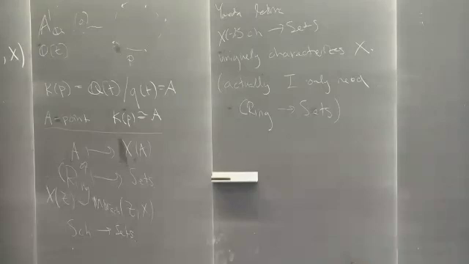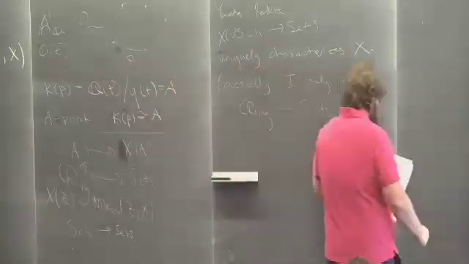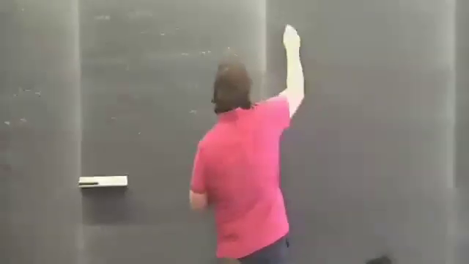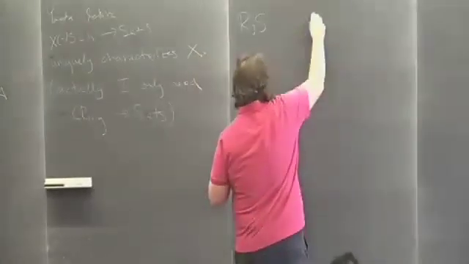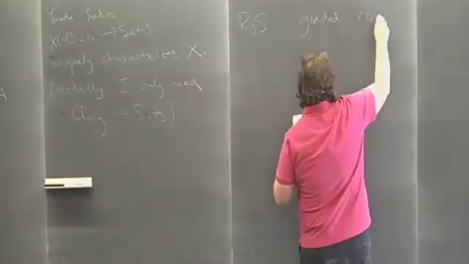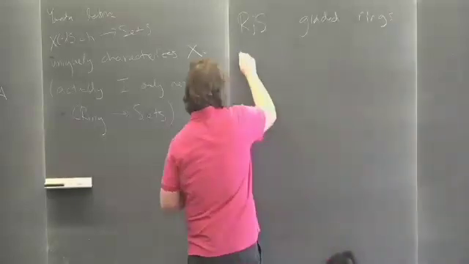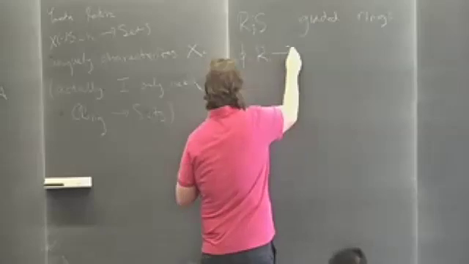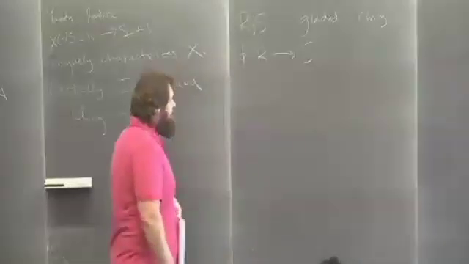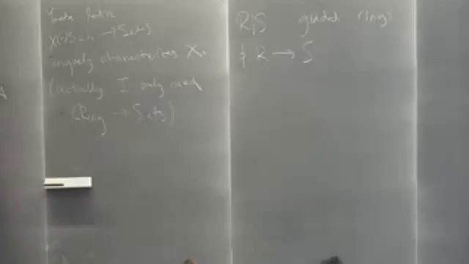So what are some more examples of morphisms? We know about maps between affine schemes. What about projective schemes? Imagine that I have two graded rings, R and S, and I have a graded ring homomorphism from R to S. You might hope that this gives you a morphism between the Projs, but you have to be a tiny bit careful.